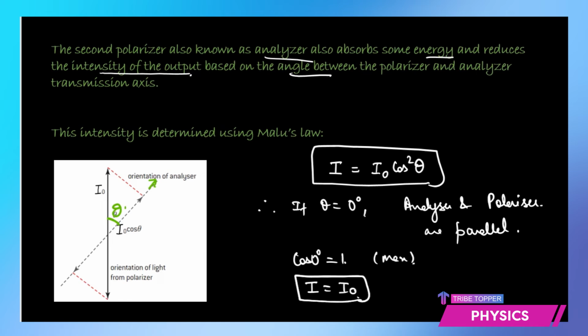That means if your analyzer is placed parallel to the first polarizer, you will get the same intensity coming out as is incident on it. So output is the same as the input. That's in the case of the second polarizer. For the first polarizer, when the unpolarized light enters, it has to reduce the intensity to half.